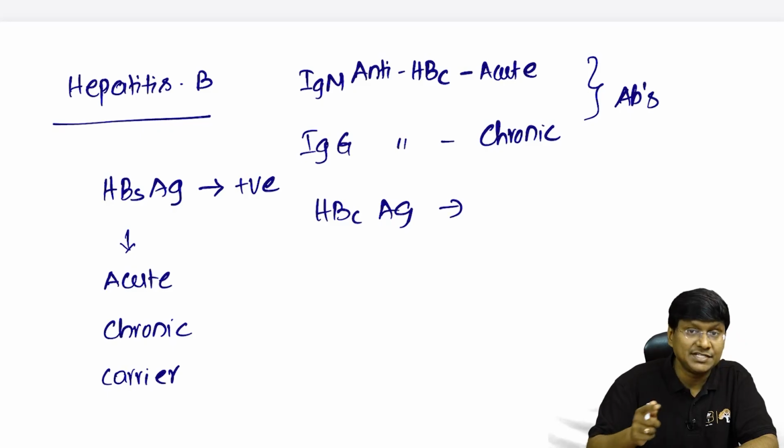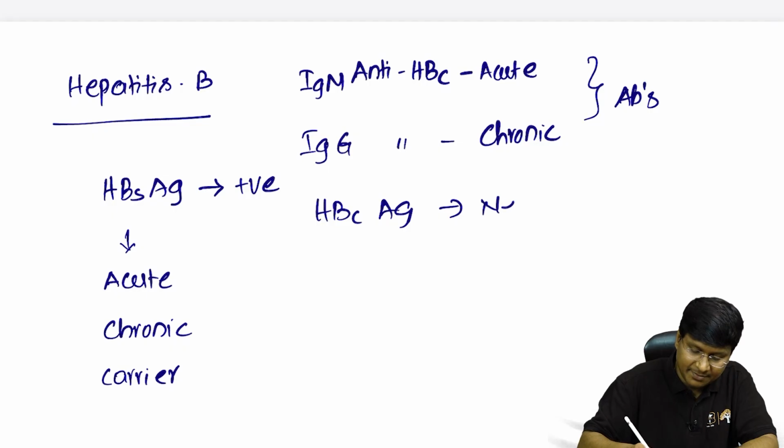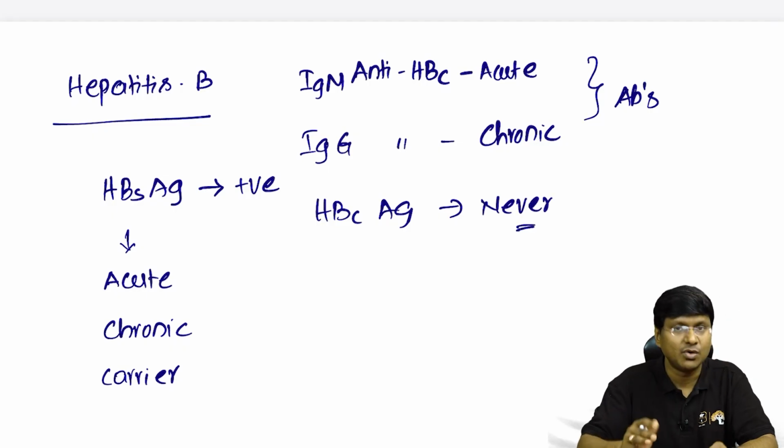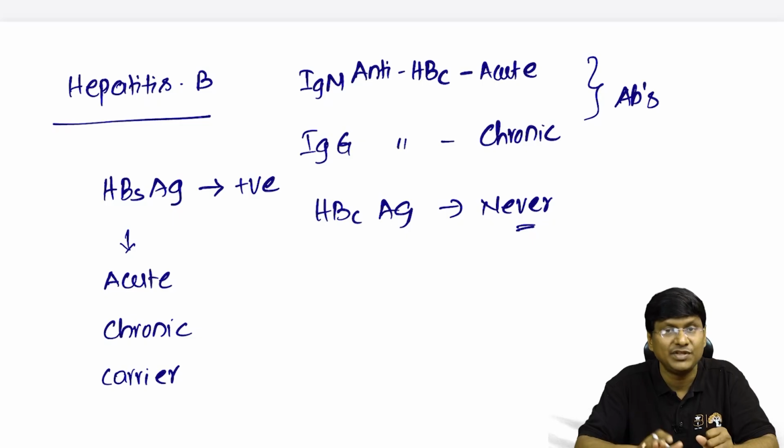Whereas the antigen to the core, that is HBc antigen, will never appear in the blood, because the core antigen will be within the hepatocyte.